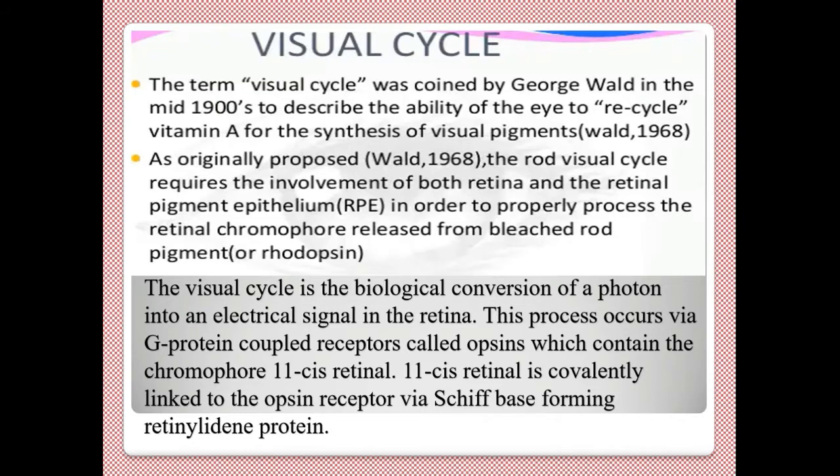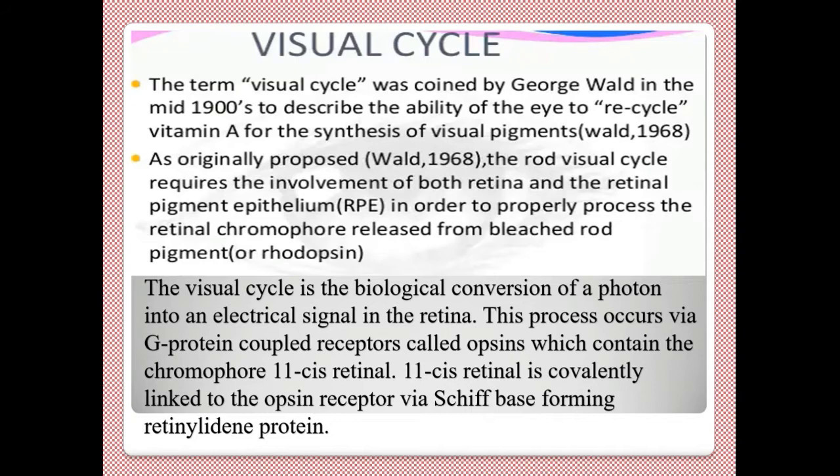Opsin is the protein part of the G protein coupled receptor, which contains a pigment portion called chromophore 11 cis retinal. This 11 cis retinal is derived from vitamin A. It is covalently linked to the protein part, opsin receptor, via Schiff's base forming retinylidene protein. It is an opsin pigment complex.